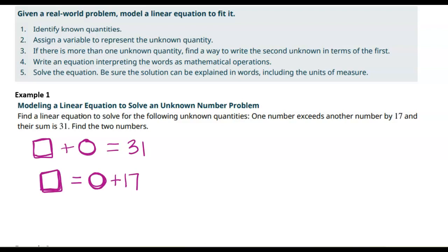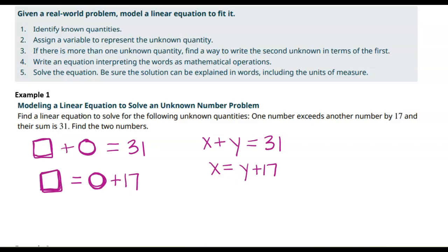I'm going to assign a variable to these pieces here. All I'm going to say then is, okay, well, x plus y equals 31. And I know that x must be equal to y plus 17. It doesn't matter which way we find the exceeds.